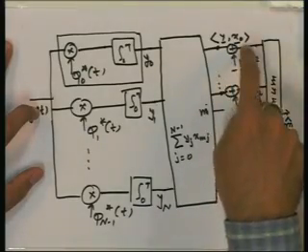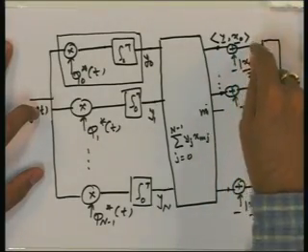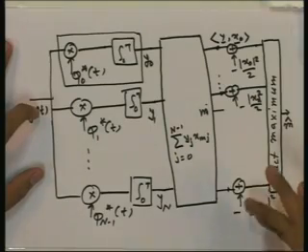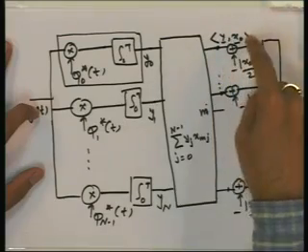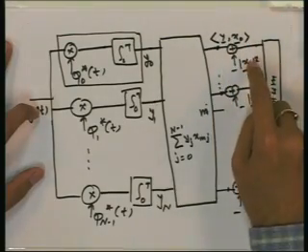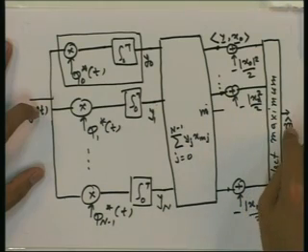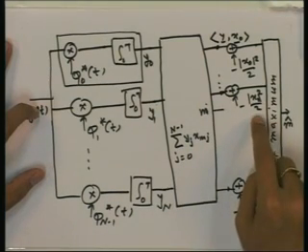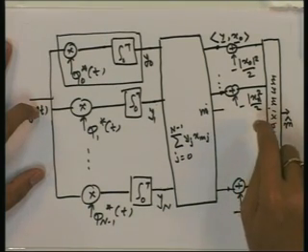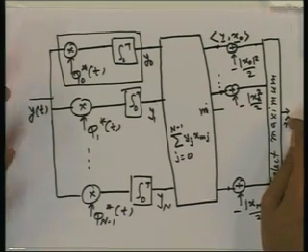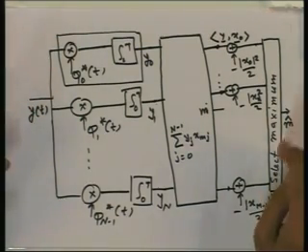Then by adding this, we get the quantities which we wanted to compare to decide on m. Here the output is this correlation plus minus mod x naught square by 2 and so on, and then we select the maximum of them, that will give us an estimate of m. So, which one is maximum, that number m will be the estimate at the receiver. So, we can get the estimate of the message this way.